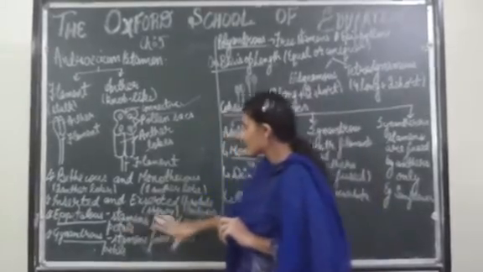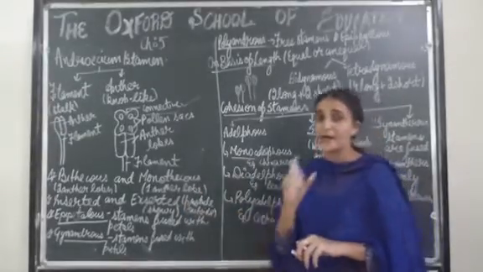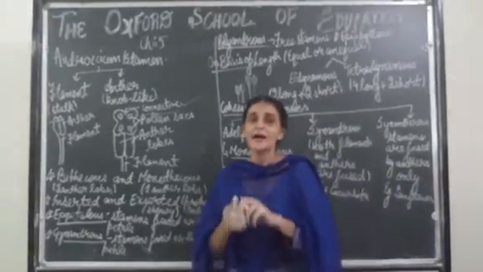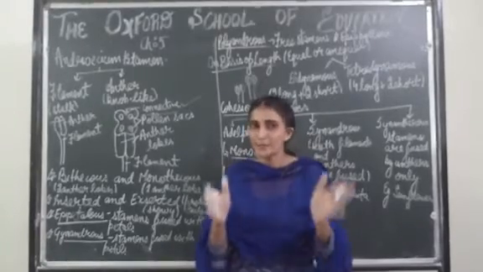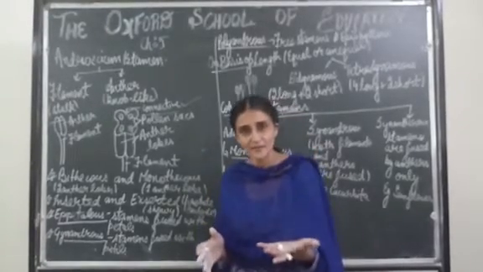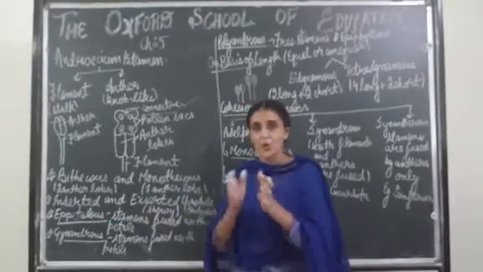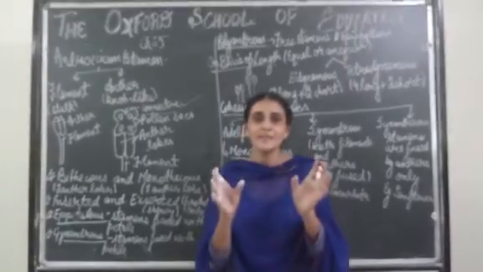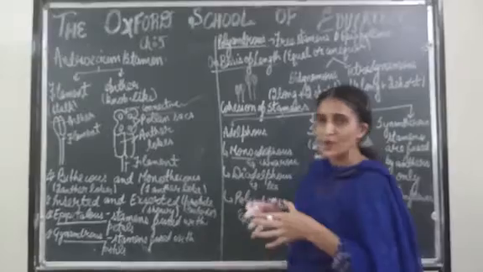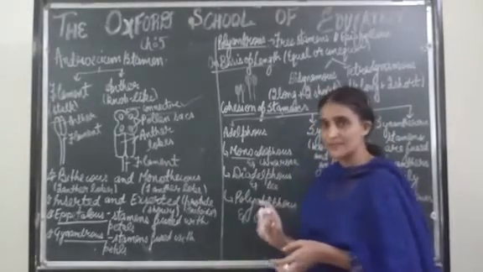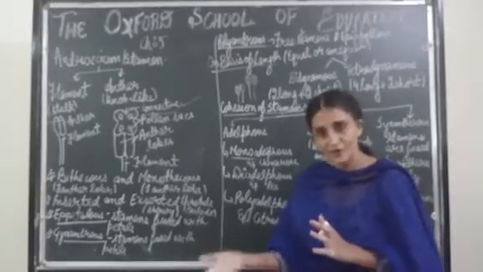The next category of stamen is on the basis of adhesion and cohesion of stamens. Adhesion simply means when a stamen is fused with other parts of the flower, whether they are petals or perianth. Cohesion simply means when stamens are fused with each other. So let's start with adhesion of stamens, that is the fusion of stamens with other parts of a flower.